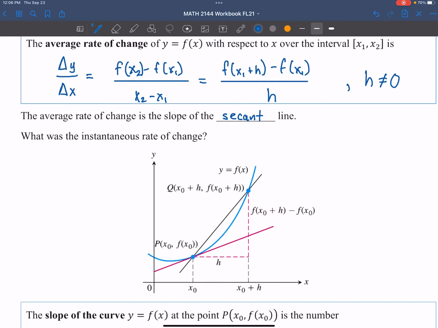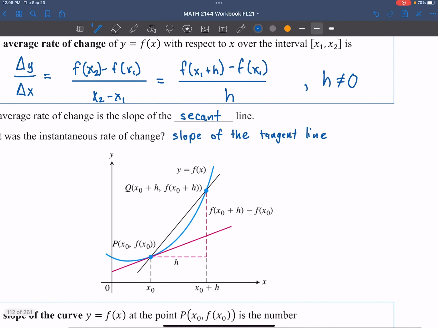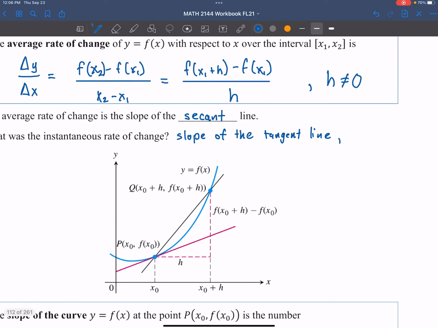And the instantaneous rate of change, remember, is the slope of the tangent line. And the way we found that is by letting h approach 0.